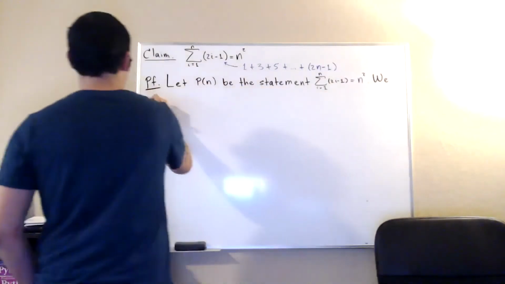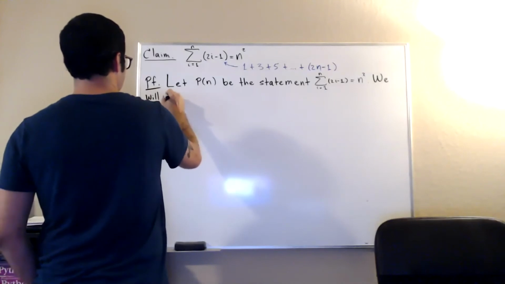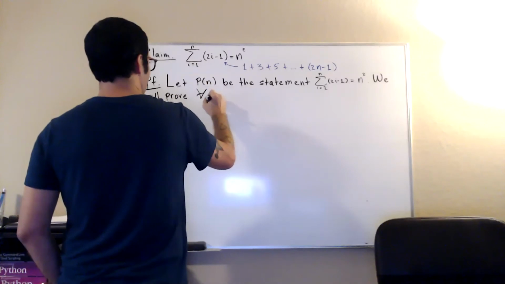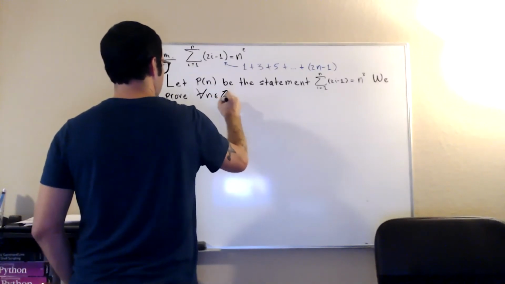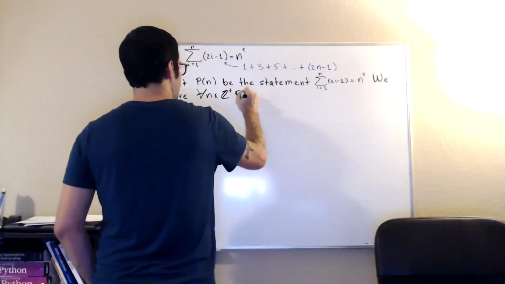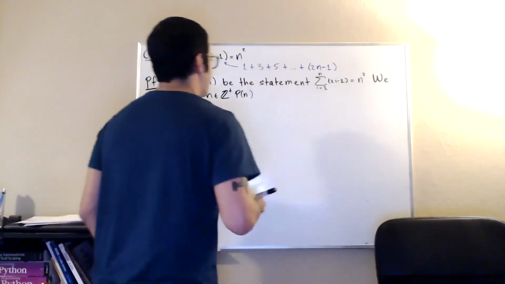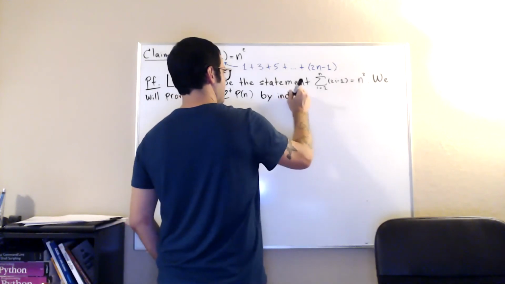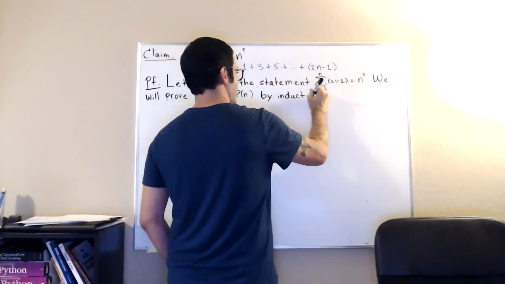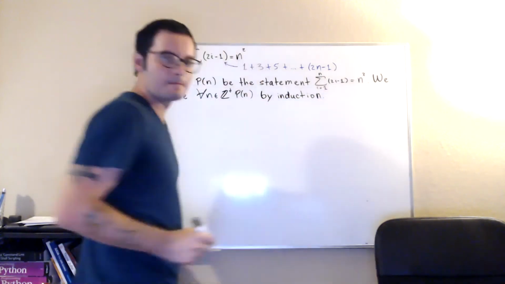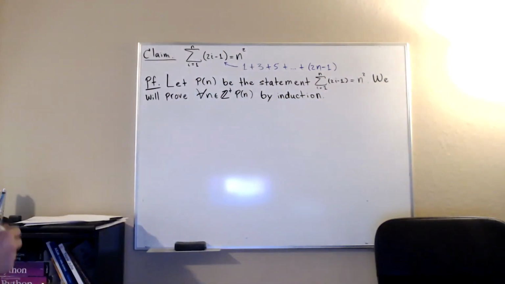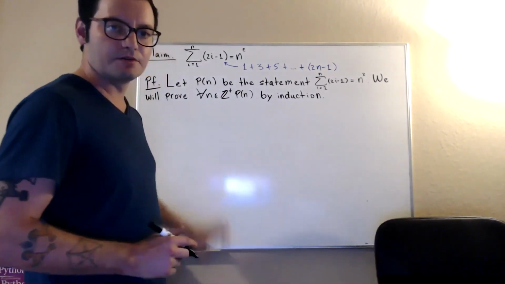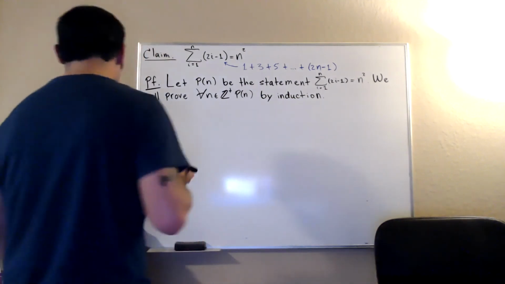We will prove for all positive integers n, P of n, by induction, or mathematical induction, whichever you want to write. Okay? So once you say that we're going to prove it by induction, then you can go ahead and write your base case and your inductive step.